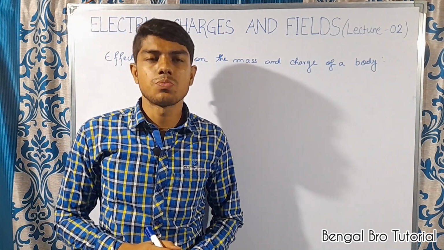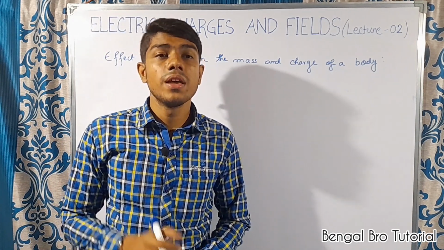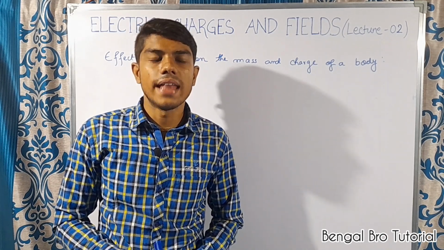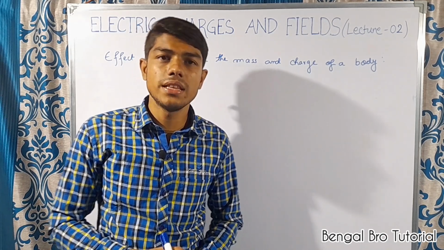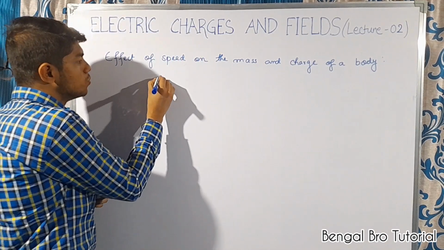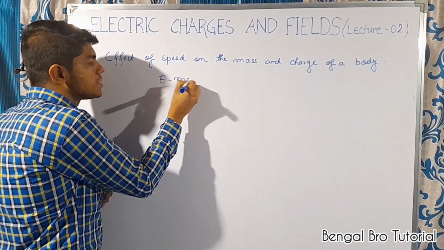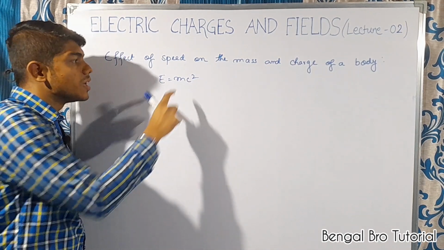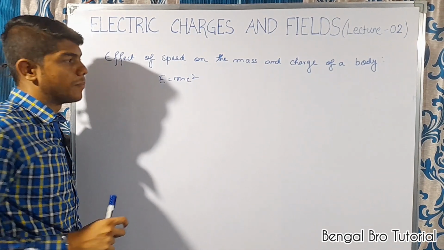According to Einstein's special theory of relativity, energy and mass are interconvertible, and this conversion is given by the relation E is equal to mc square, where E is the energy equivalent to mass m.